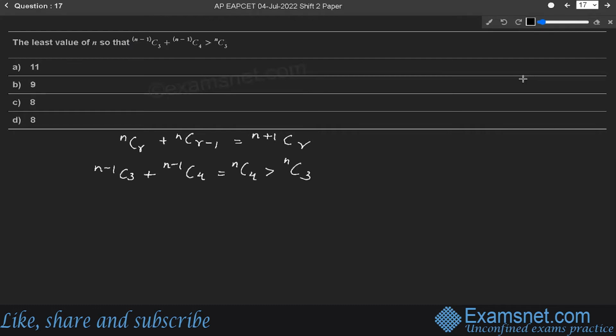Now, on comparing both the n values and both the numbers, from here we can say that n will be greater than 4 plus 3, which is equal to 7. So we can say that n will be greater than 7.